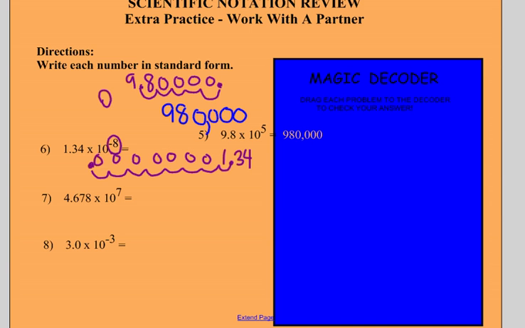And again, this is super messy. I'm going to rewrite it, and then I'm going to check my answer. My answer is 0.0000000 followed by a 1, 3, 4. Let's check our answer to see if this is correct.